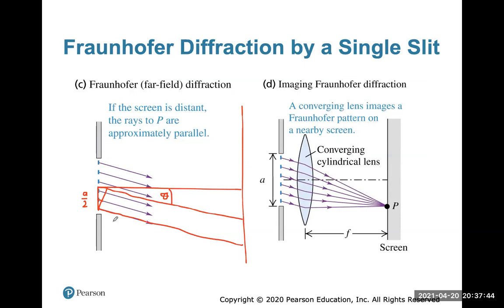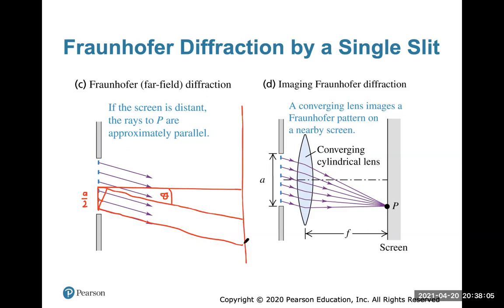If the path difference between these two rays, that is one from the center and one from the edge to point P, and we're arguing that they're approximately parallel.